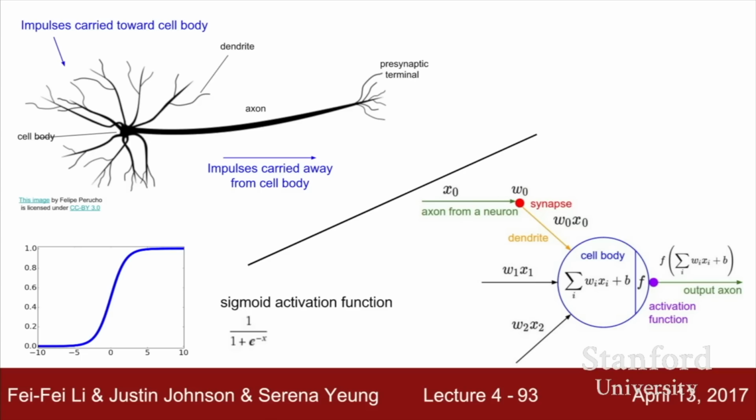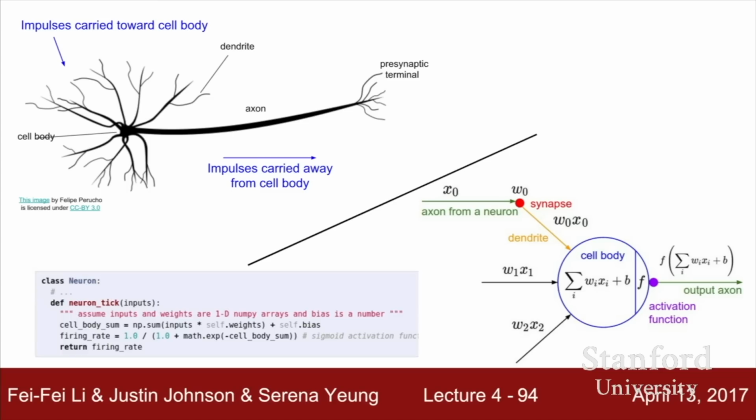And if you look at these activation functions, right, this is what basically takes all the inputs coming in and outputs one number that's going out later on. And we've talked about examples like the sigmoid activation function, right, and different kinds of nonlinearities. And so one loose analogy that you can draw is that these nonlinearities can represent something like the firing or spiking rate of the neurons, right?